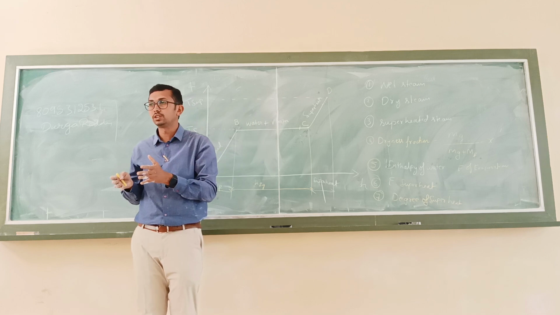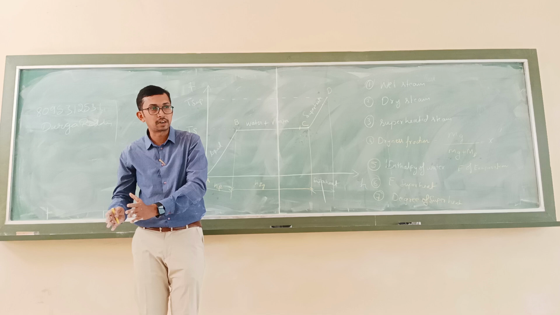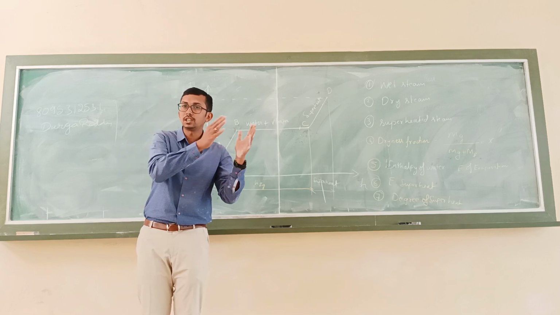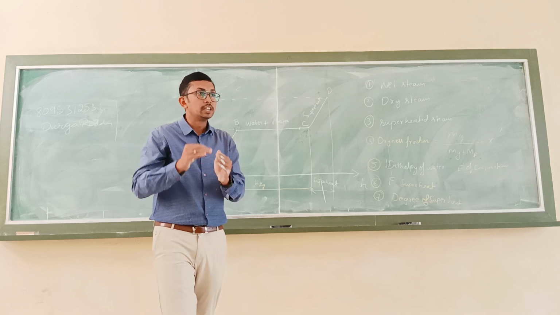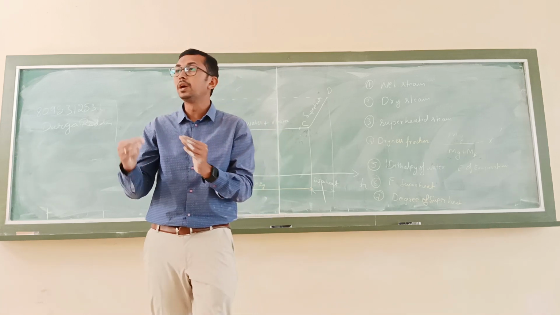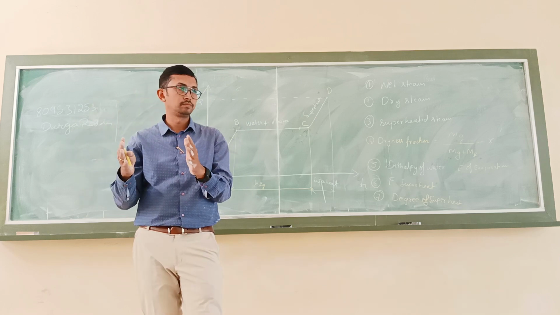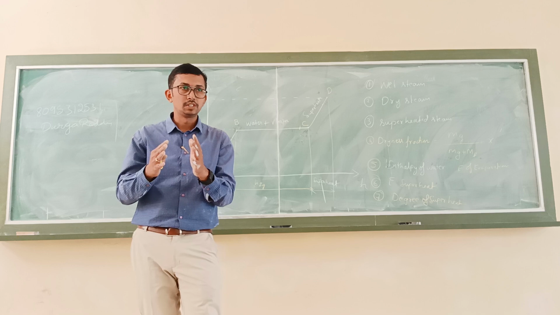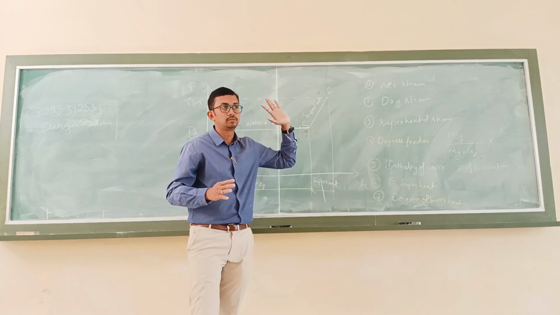Remaining 10% is wet, that means 10% is water particles and 90% is vapor particles. So that is the meaning of dryness. It tells you the amount of dry steam present in the given quantity of wet steam. Is it clear? So that is the dryness fraction.